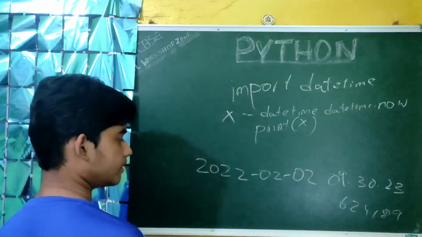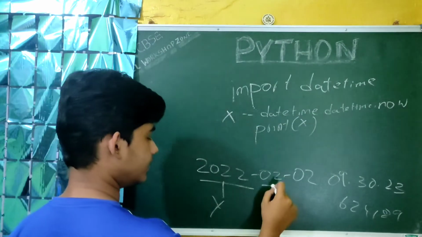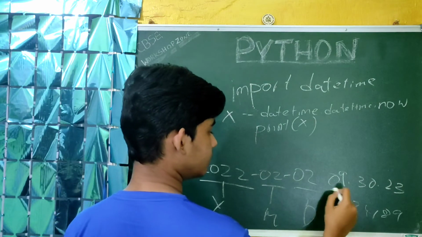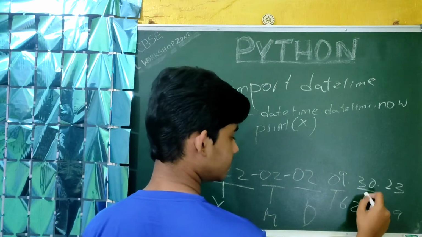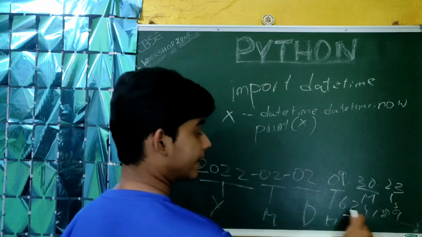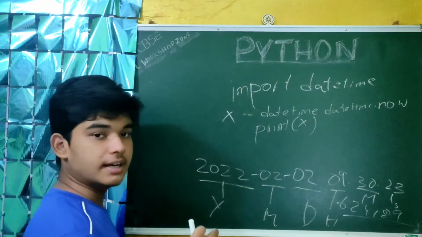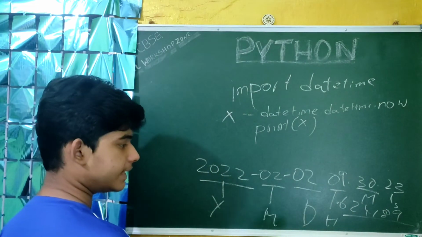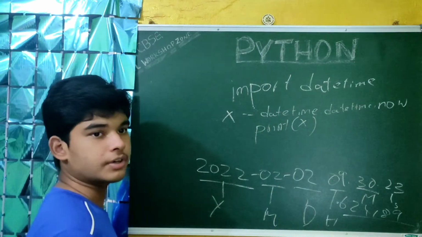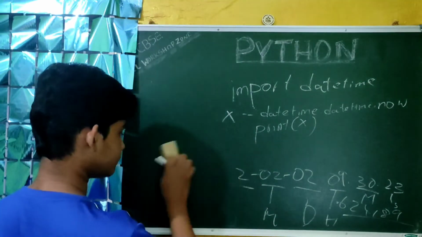This is a random number, but basically it took the year, the month, the date, the hour, the minute, the second, and it also took the microseconds. So when you run the code, it will immediately take the time that is being used and print it on the computer. So this is how you do it.